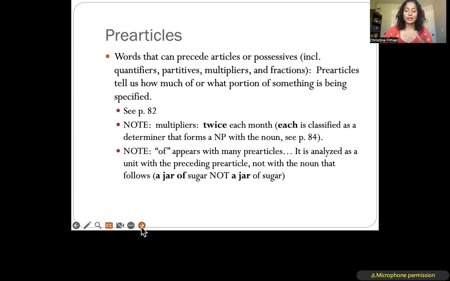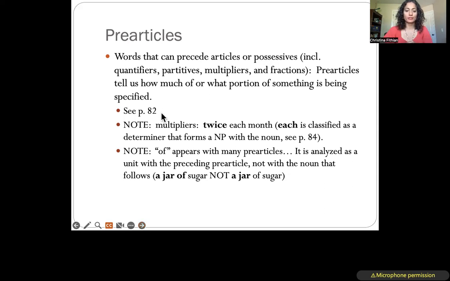Okay, so our last type of determiner is prearticles. Now, these are words that can precede articles or possessive, and they include quantifiers, partitives, multipliers, and fractions. So prearticles tell us how much of or what portion of something is being specified.